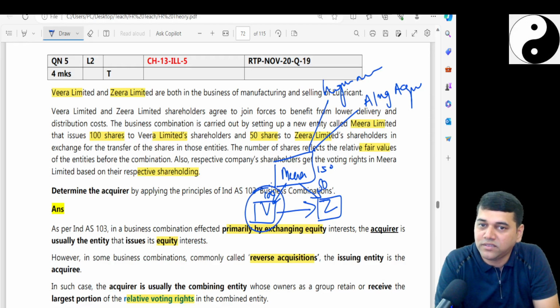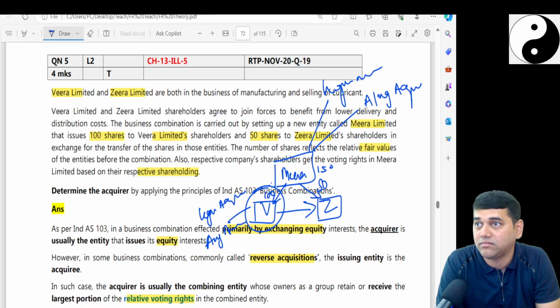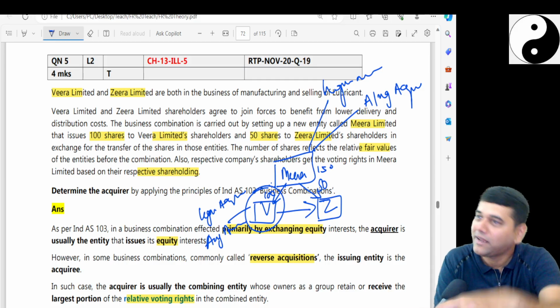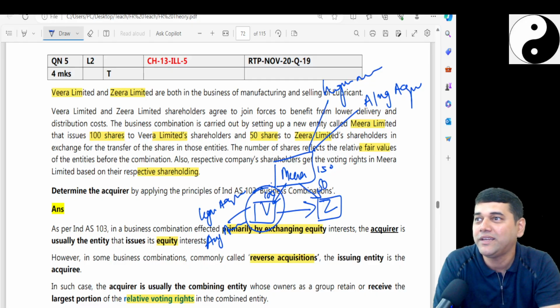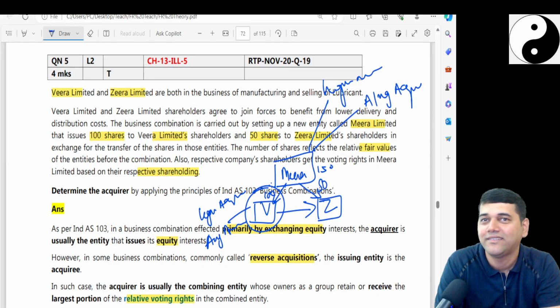This person is called legal acquiree, accounting acquirer. Don't worry now. I'll tell you at the time of reverse acquisition how the accounting will be complicated.